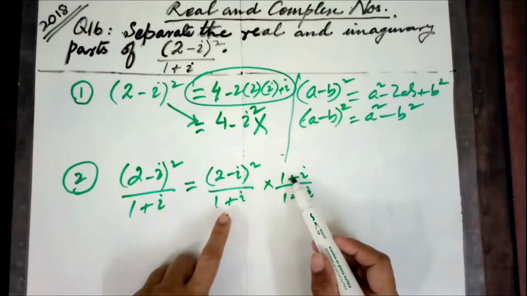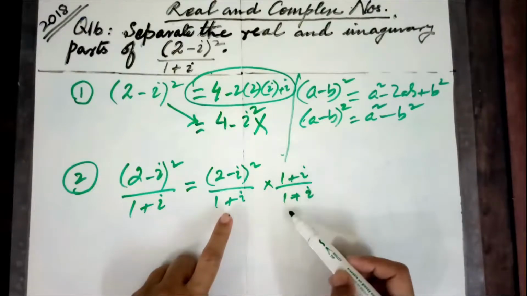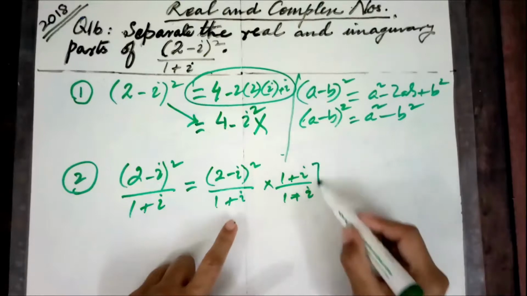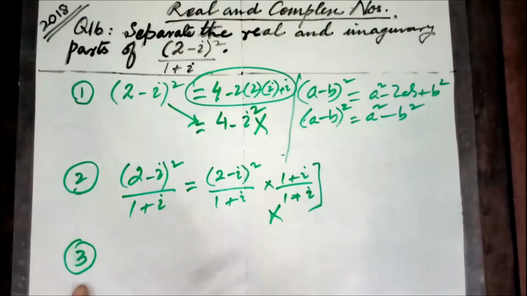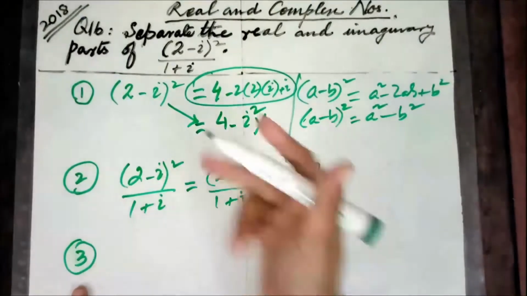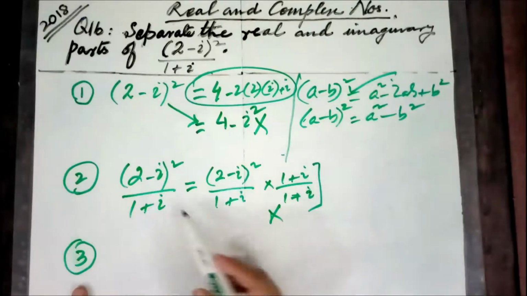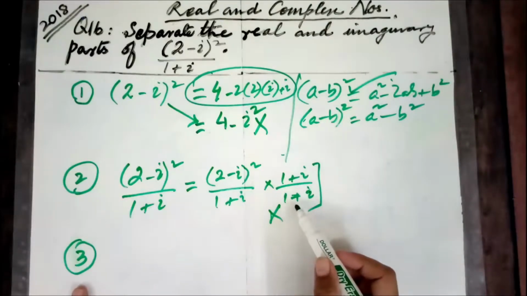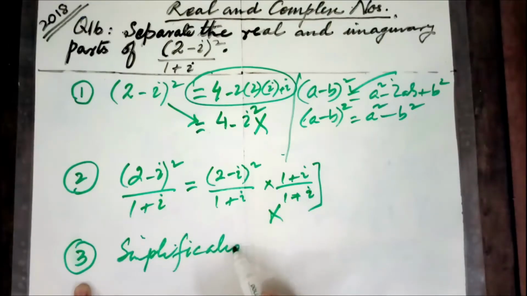We have to multiply and divide by 1 minus iota instead of 1 plus iota. But they write like that, and this is wrong. The third common mistake is that they solve this question using the formula correctly, and they take the complex conjugate correctly, but in simplification they make mistakes.